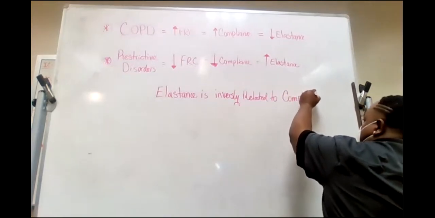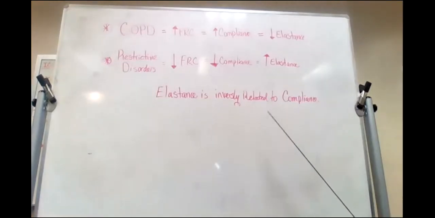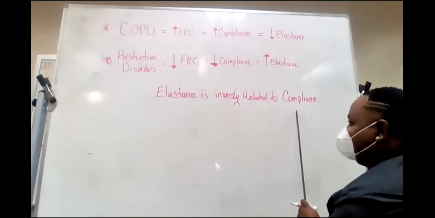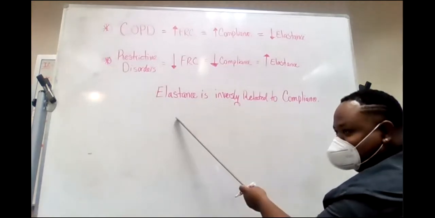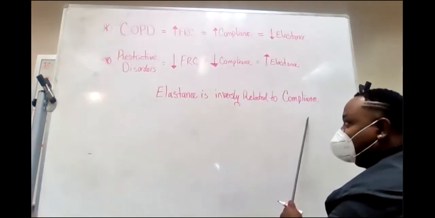Compliance. Elastance is inversely related to compliance, because if I have a high compliance, I'm going to have a low elastance. If I have a high elastance, that means I have a low compliance.